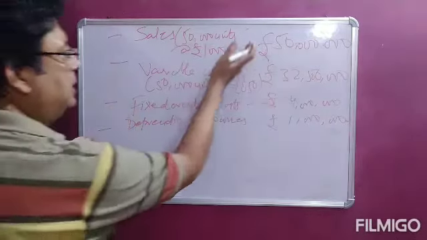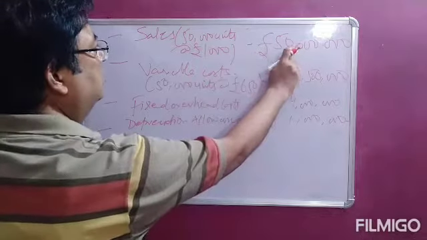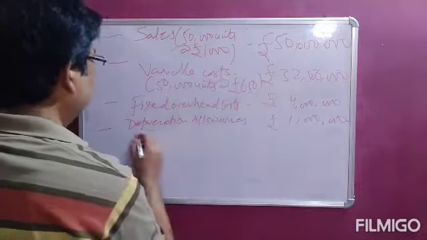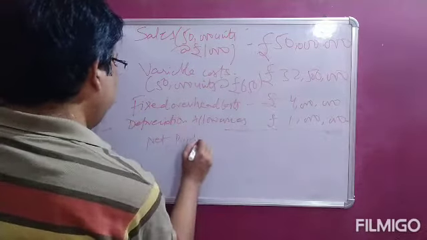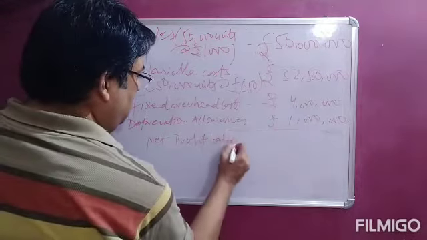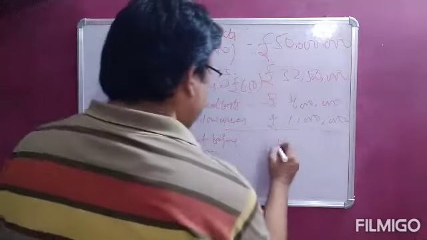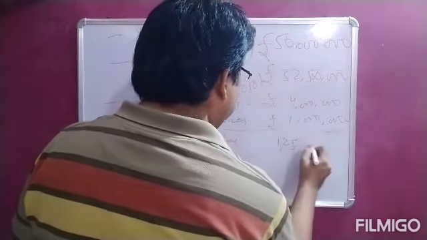So after deducting all these items from the sales revenue, variable cost, fixed overhead cost, depreciation allowances, we get net profit before tax, and that is coming out to be 1 crore 25 lakhs.